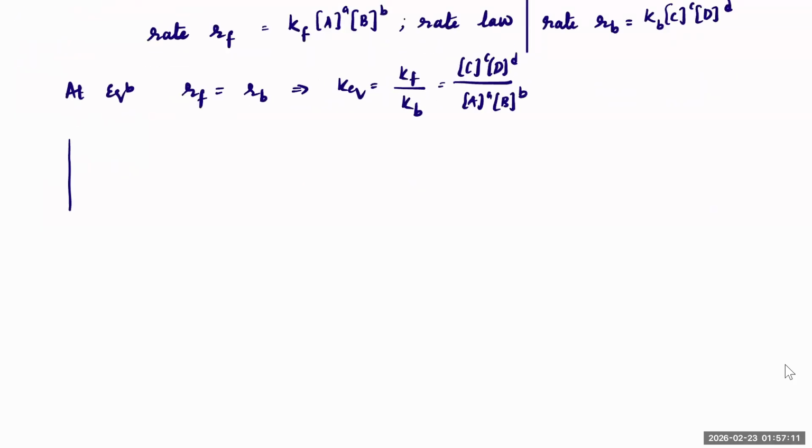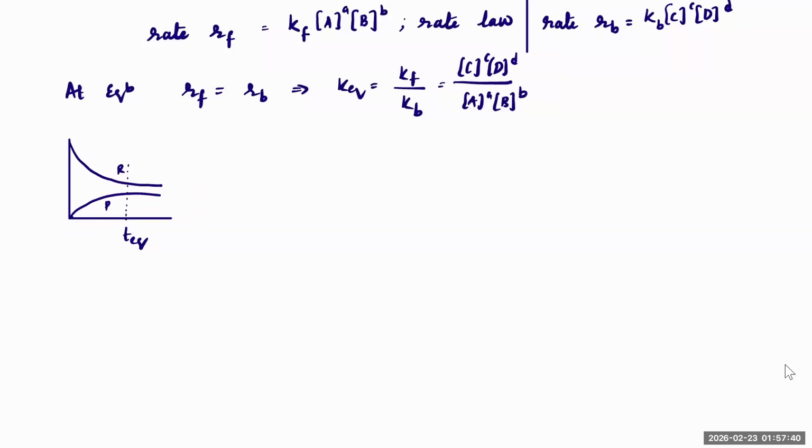Now, notice the second thing. Whenever equilibrium is achieved, the reactant concentration and the product concentration become constant. May or may not be equal, but definitely constant. That means if a reactant is going like this and product is going like this, this is reactant, this is product, we can say this is the point where equilibrium has been achieved. So this reaction is at equilibrium. Got it?